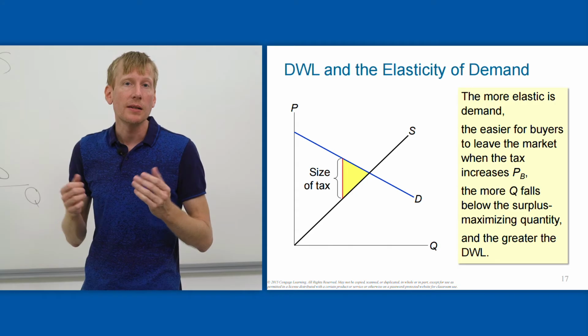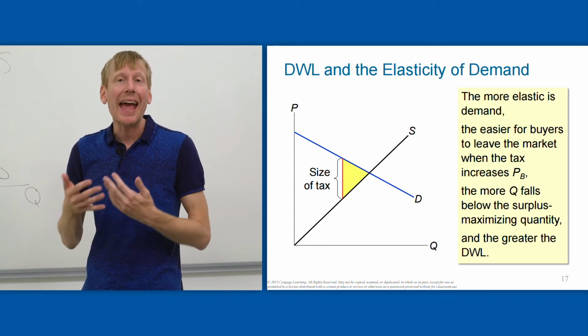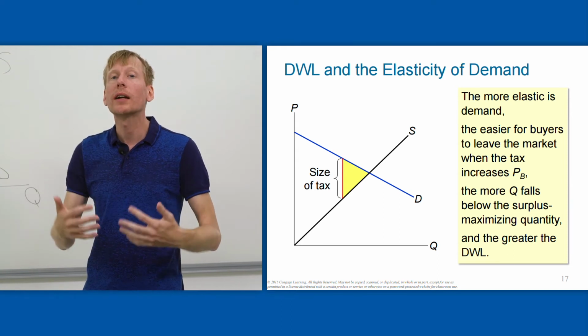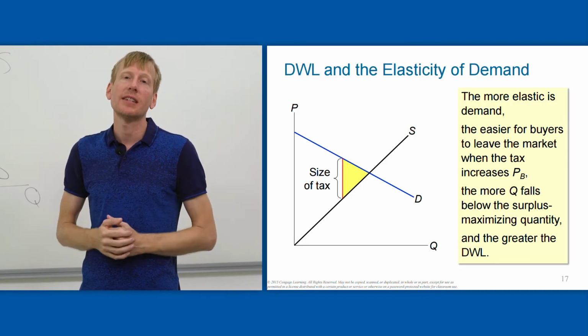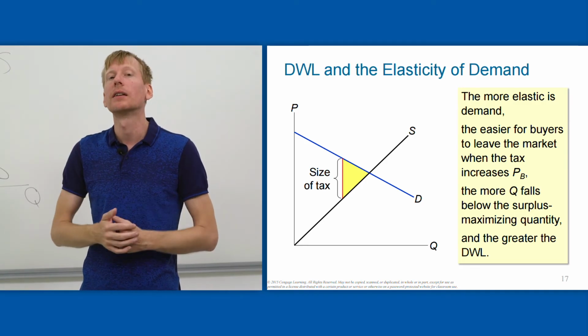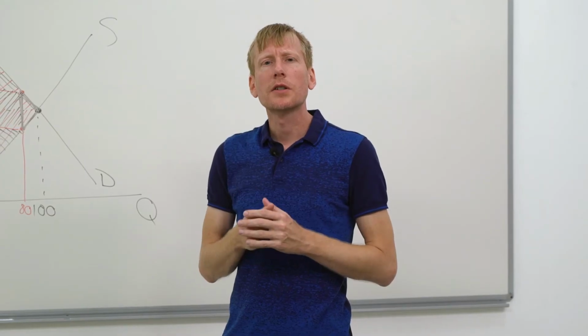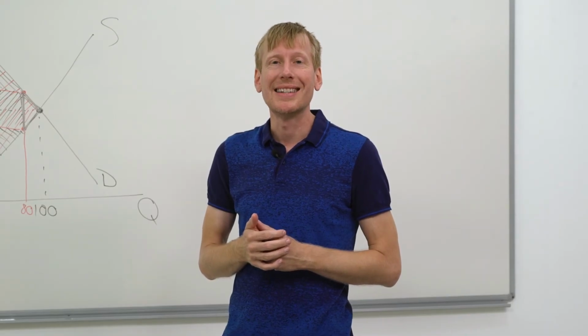In extreme cases, we could look at both a very elastic demand and a very elastic supply, and then we would have an even greater degree of overall market responsiveness to the imposition of this tax, and an even greater increase in deadweight loss.